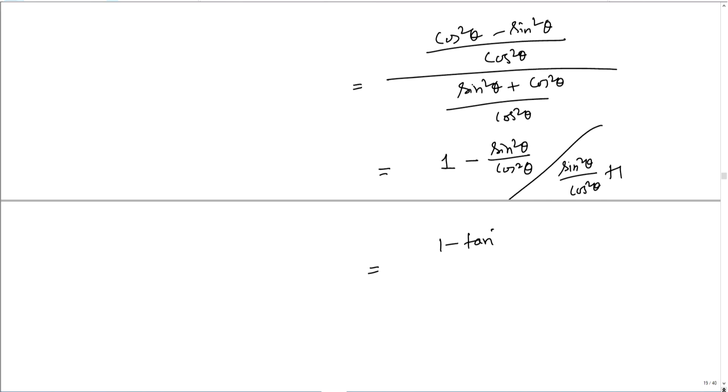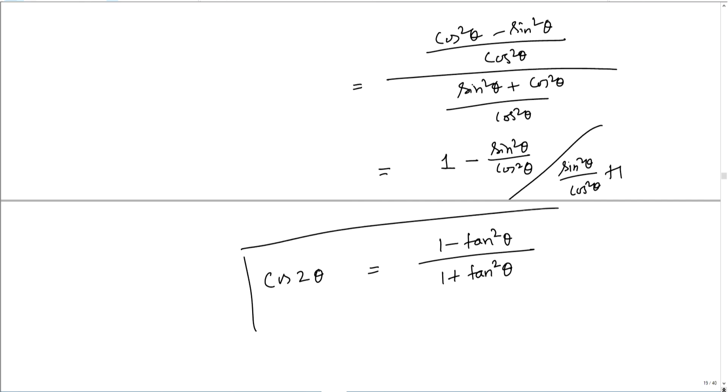So, in the numerator you get 1 minus tan square theta, and in the denominator you get 1 plus tan square theta. So, cos 2 theta is equal to 1 minus tan square theta divided by 1 plus tan square theta.